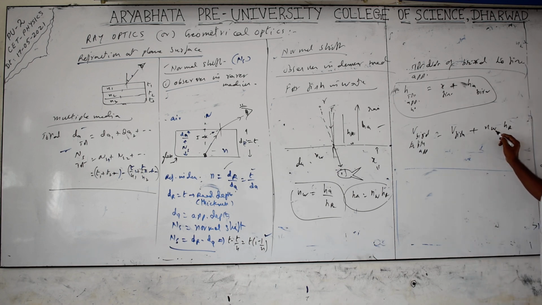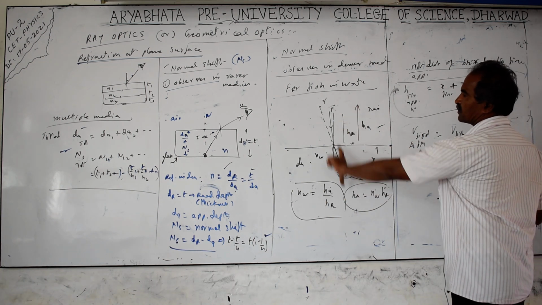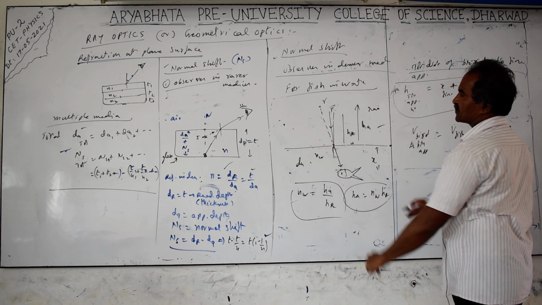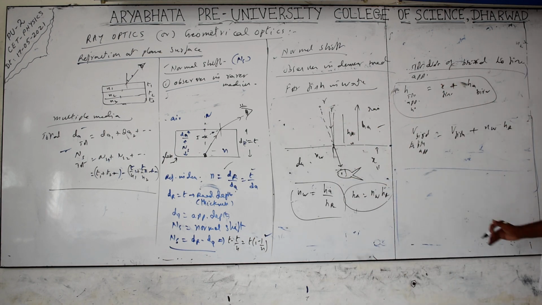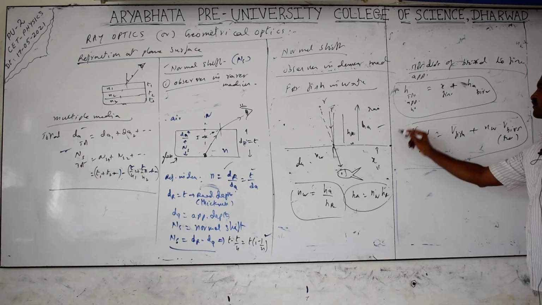So on differentiation, n water is a constant, and we differentiate the real height because the bird is moving up or downwards. Here we are talking about velocities with respect to the surface, upwards or downwards only, not horizontal. Horizontal is not affected, only vertical motions we are discussing here. Differentiation of the real height gives the real velocity of the bird. This formula you have to remember for the problems.